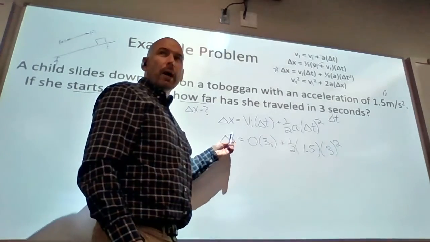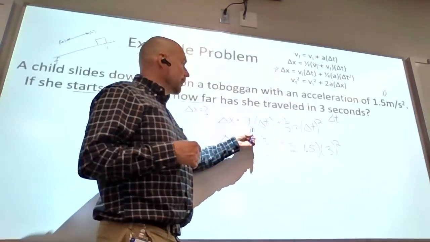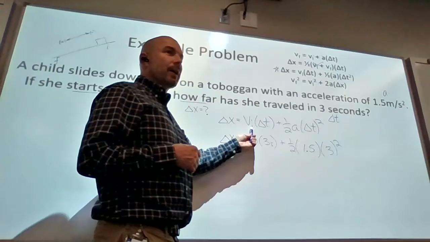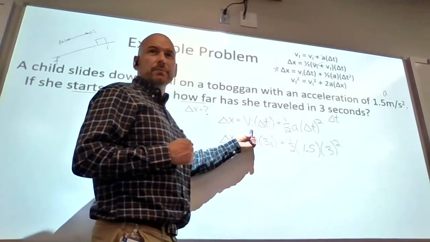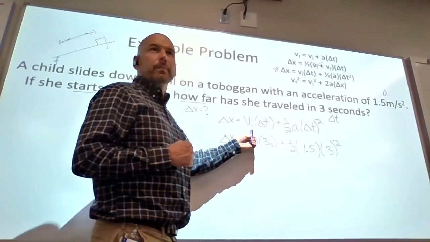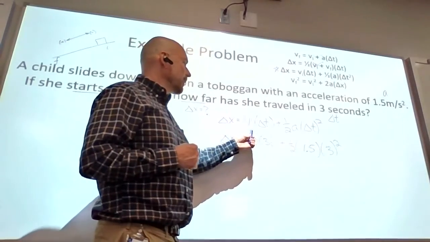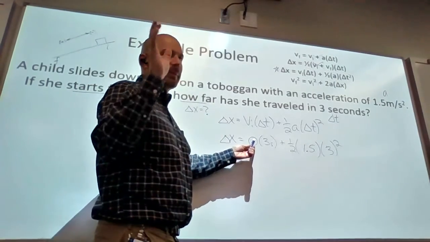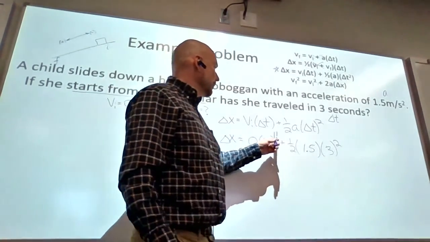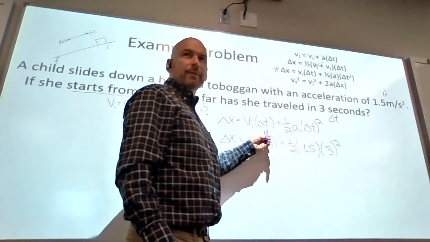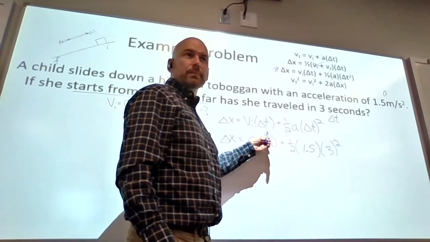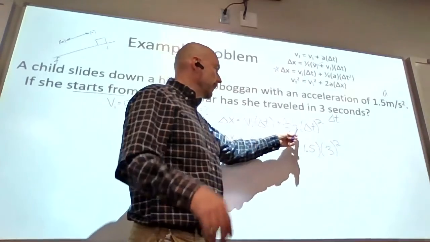Displacement we're looking for, we don't have a number, so we don't have to worry about this. Velocity is a vector. Does it have direction? So we need to assign a positive or negative, but it's zero. Bad example. Time, is time a vector? Does it have direction? Don't need to worry about it.